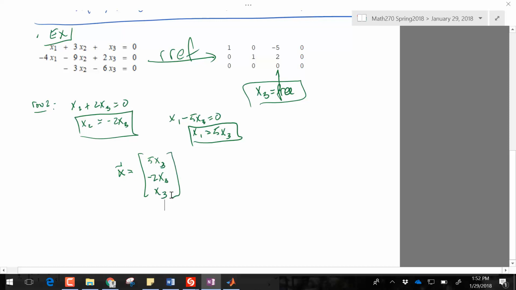We can write this as 5, negative 2, and 1 times x3, because they are all multiples of x3, and when you multiply a vector by a scalar, you distribute it to all the components. I don't know if we would call it factored form, but you can write it like this. This would be written in what's called parametric form.